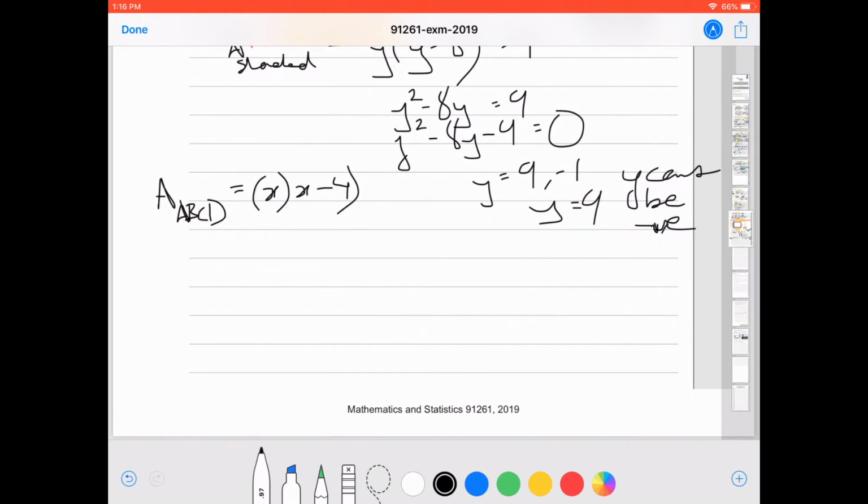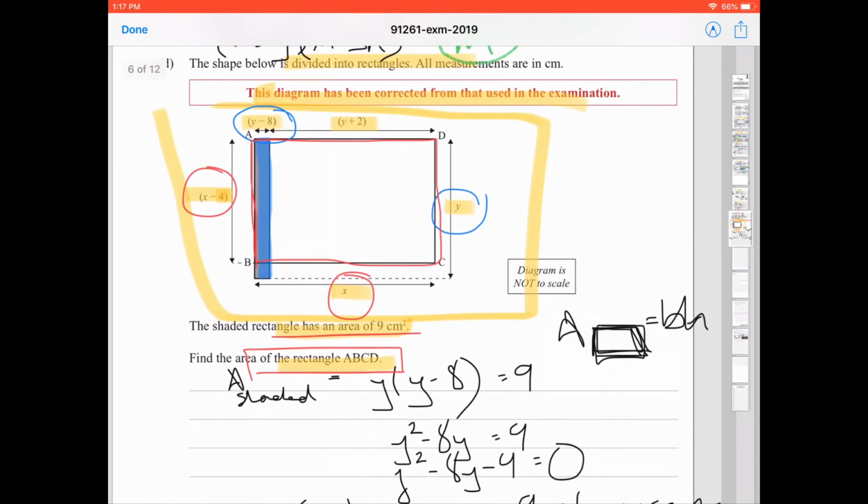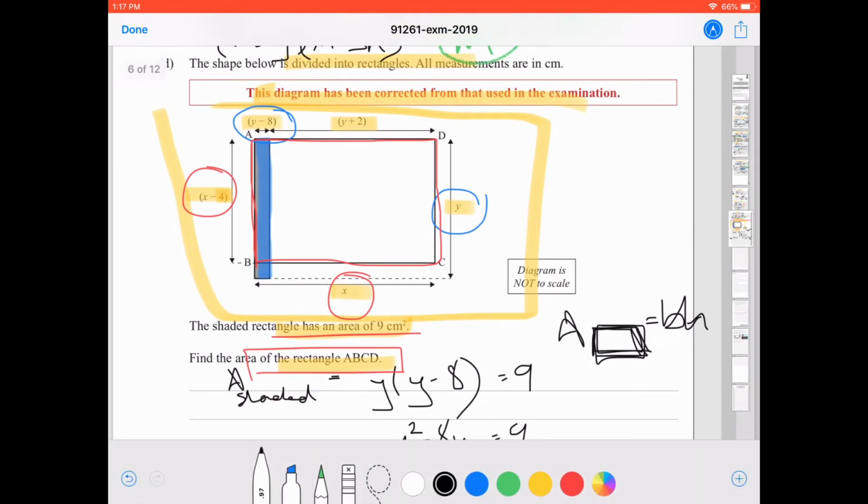Now that doesn't actually help us because we have found the value for y, and so we want to be working in terms of y here. And so basically the key is just playing around with our diagram.